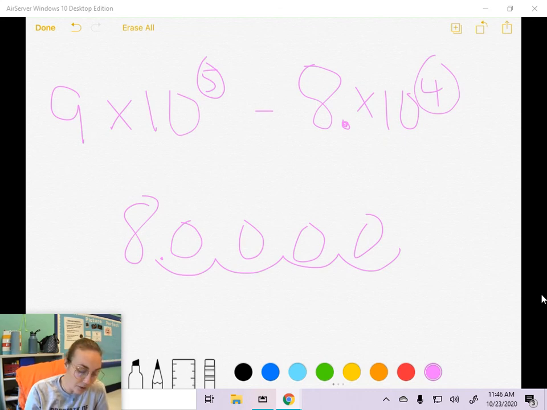But if you moved the decimal one more time to the left, again, that would add that extra power. So that would turn this one into 8/10 in this particular problem.